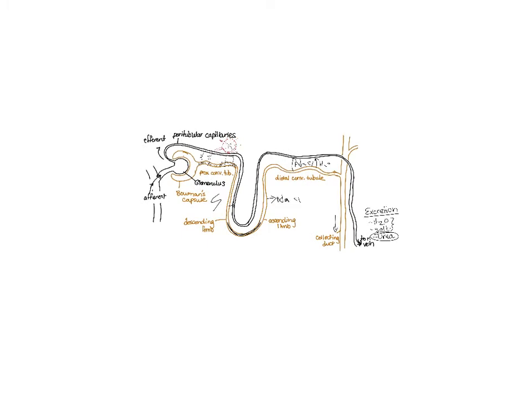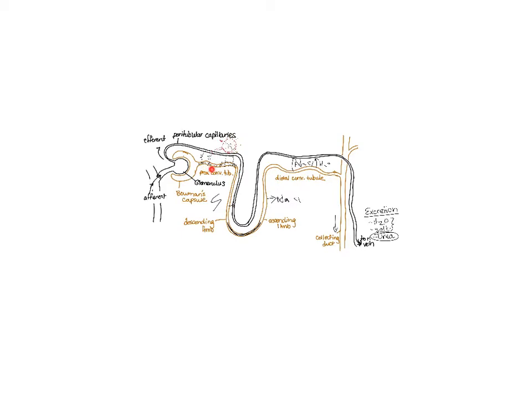So here's the nephron that we started with. Getting a little jumpy, sorry about that. Our afferent blood vessel, or arteriole here, is bringing blood into the glomerulus. A high pressure is pushing a lot of the plasma into the proximal convoluted tubule via the Bowman's capsule.